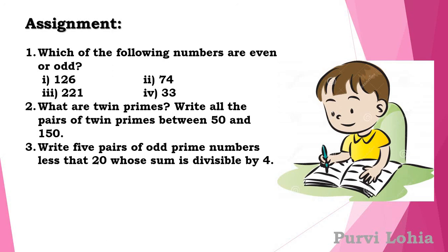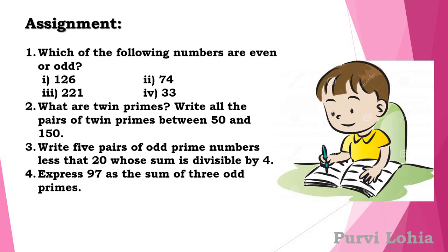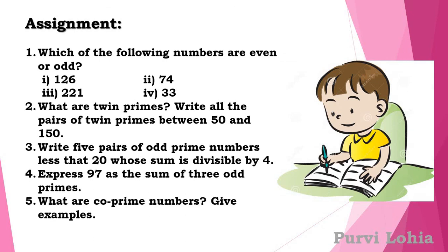You have to write 5 pairs of odd prime numbers, any type of prime numbers, less than 20. All those numbers have to be less than 20, and the numbers in the pair, their sum should be divisible by 4. And express 97 as the sum of 3 odd primes. What are co-prime numbers? Give examples. So this is your assignment for today.